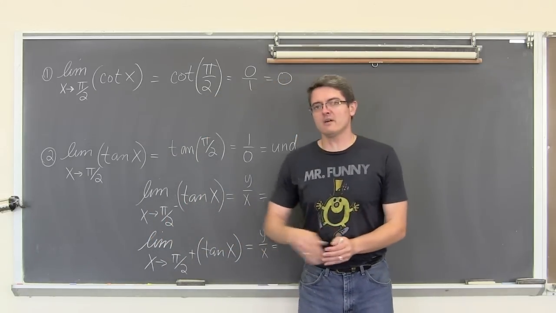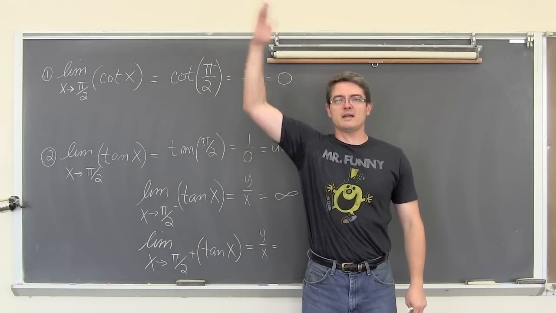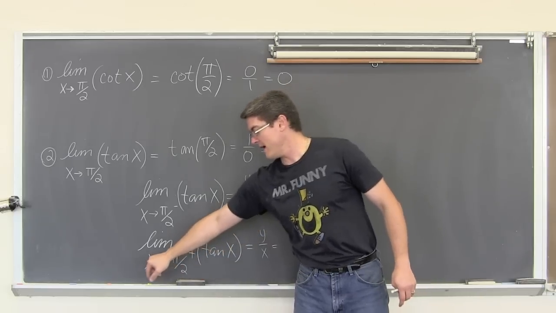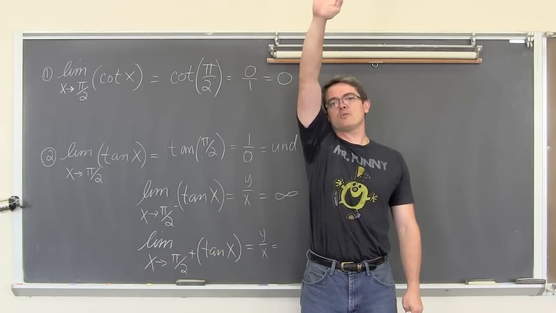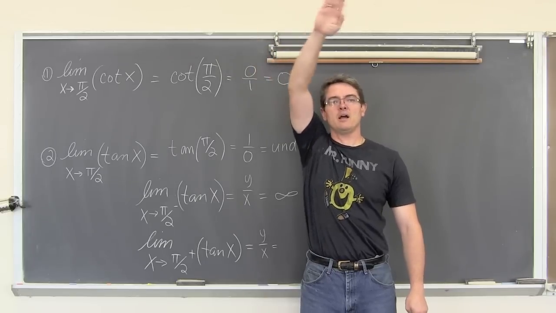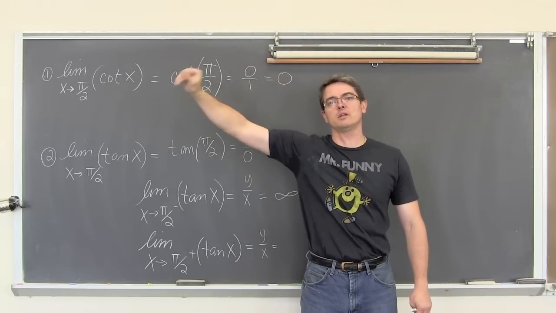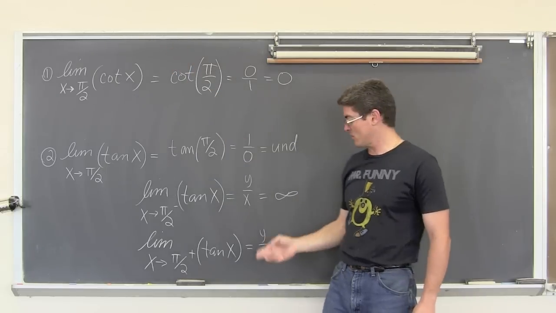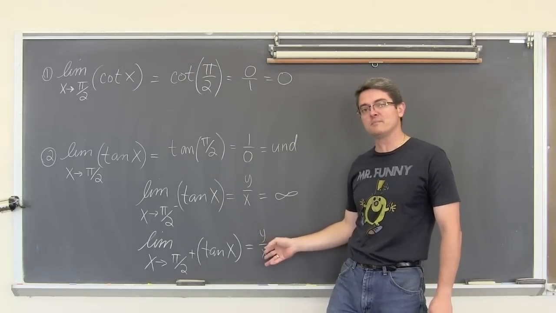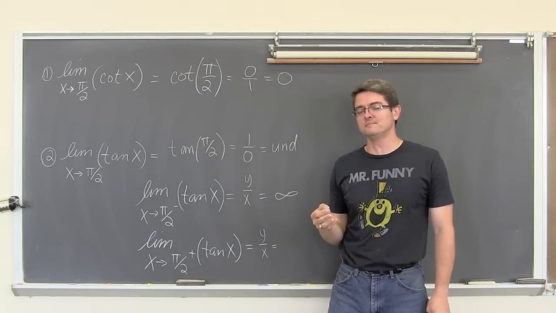As we approach pi over 2 from the right, that means that my values for x are a little bit larger than pi over 2. So that means if I'm more than 90 degrees or more than pi over 2 radians, I'm in quadrant 2. Well, in quadrant 2, my x's are negative and my y's are positive. So when I do that division, I'm going to get a negative answer.